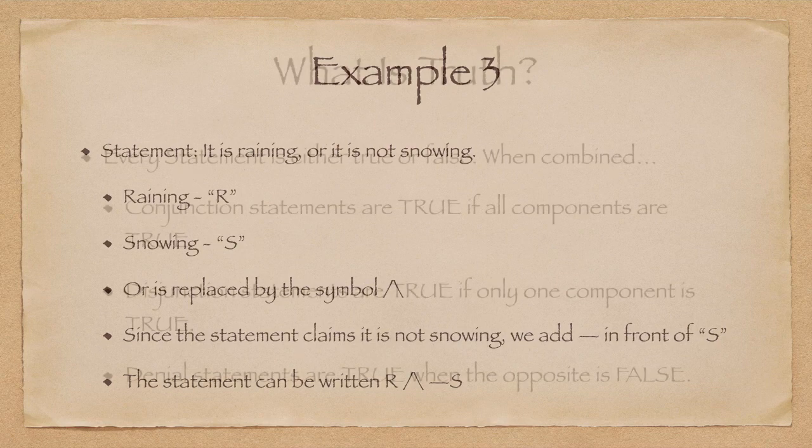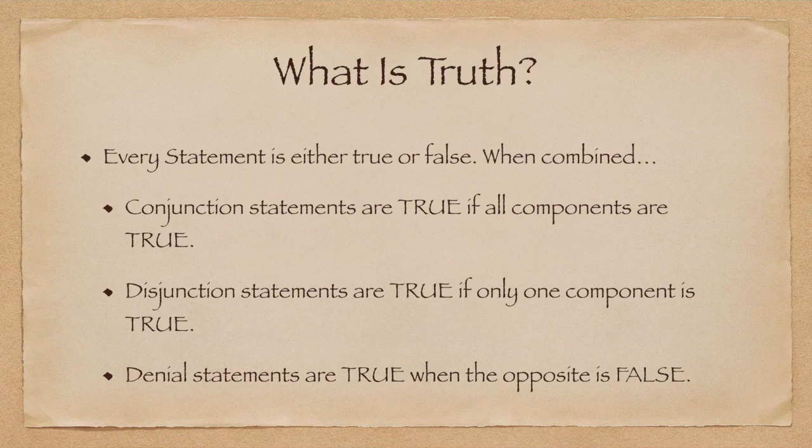Now, when we talk about logic, we ultimately want to find out what is truth. There are only two possibilities. But when they are combined, things can get a lot more complicated very, very quickly. So we talked about three additional kinds of statements: conjunction, disjunction, and denial.